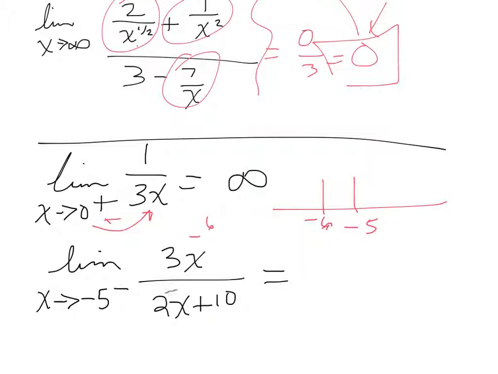If I plug in a -6 there, the top is going to be negative. The bottom, if this is -12 plus 10, is going to be negative. Negative over a negative gives me a positive. This is probably the best route to do, instead of just staring at it and trying to guess is it positive or negative, by plugging in values.